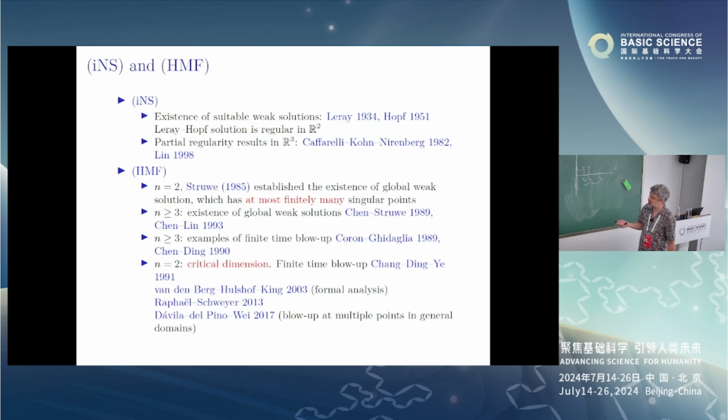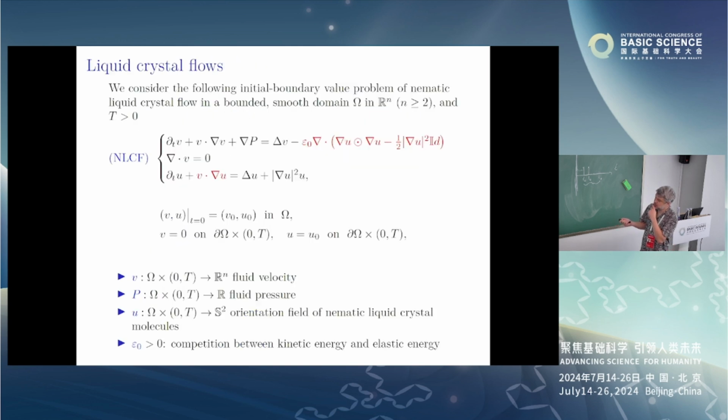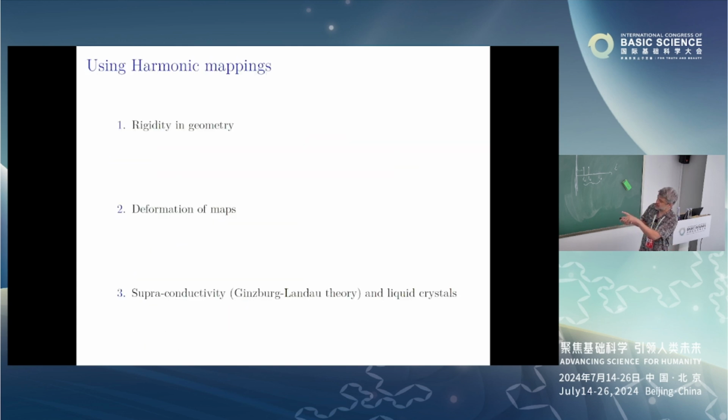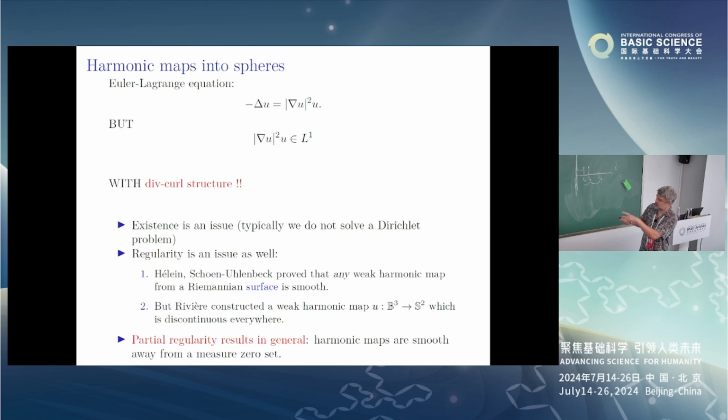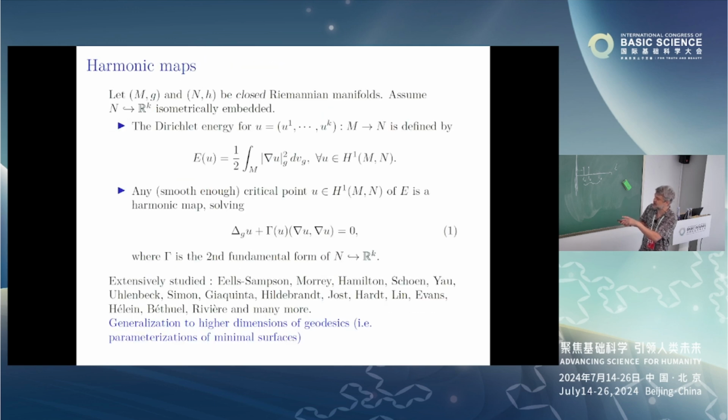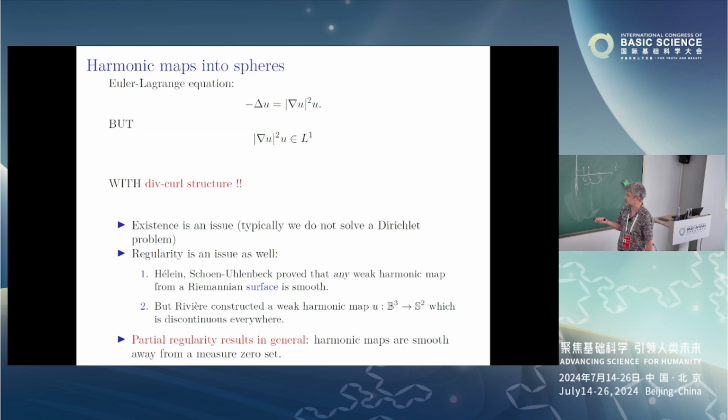Okay, so up to now I was only describing the case where the domain has no boundary. So now let's put a boundary on the domain and look at what the natural boundary conditions are that you want to put, and what the problems are that you want to look at.